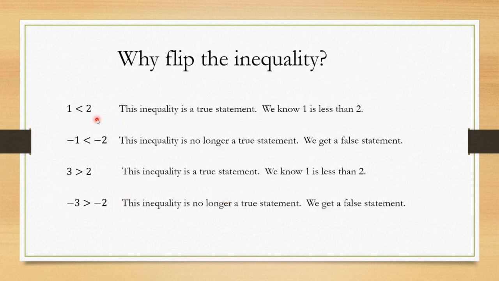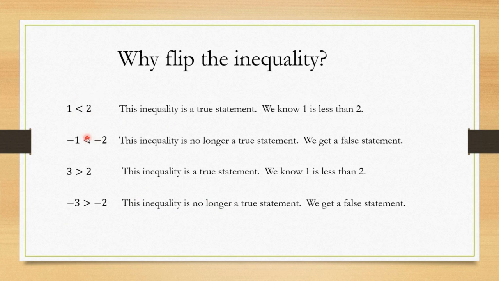So here, let's suppose we start out with this inequality: 1 is less than 2. That's true, right? But what happens if we multiply both sides by -1? And let's say for some reason we forget to flip the inequality. When I say flip, I mean turn it around. You'll see what I mean when we do the examples.